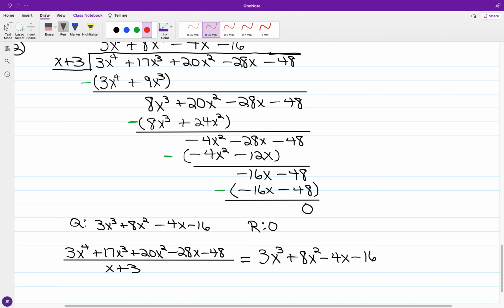But in the case of ALEKS, okay, you have the quotient, and then you have to tag along and throw in the remainder 0, and we have all over x plus 3. So in case of ALEKS, it's going to be this whole package of the quotient plus the remainder over the divisor, even when the remainder is 0.